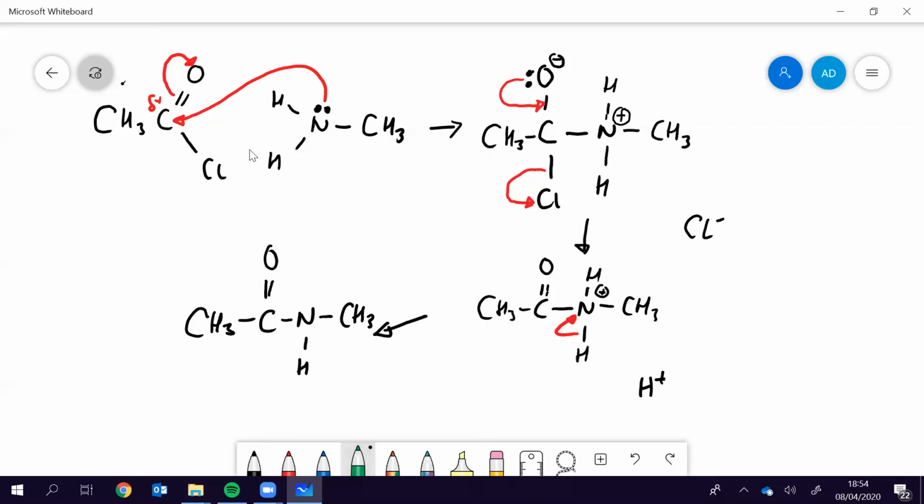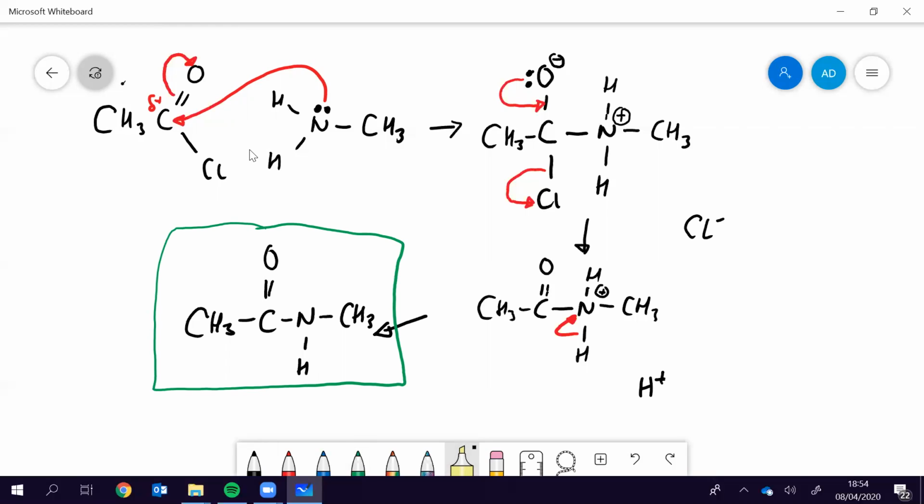So now we've got this thing here. You can probably see that there's a lot of similarity between this and an ester. You have a carbonyl carbon here, and attached to that is an electronegative element. In the case of the ester, you've just got an oxygen there.